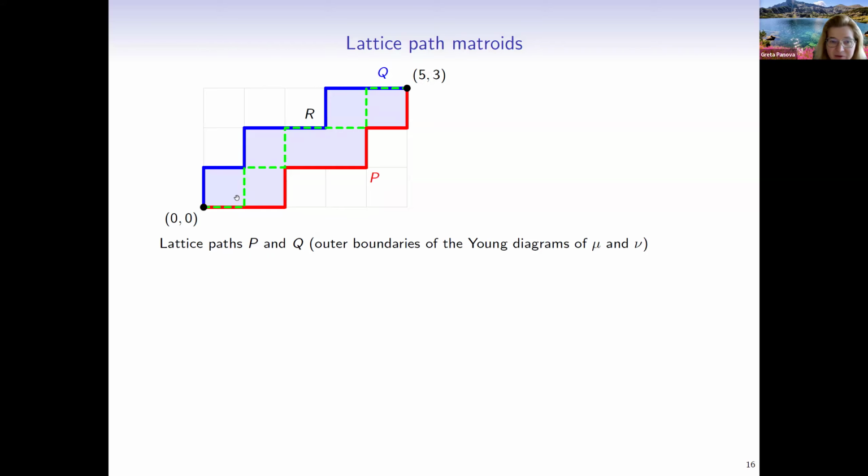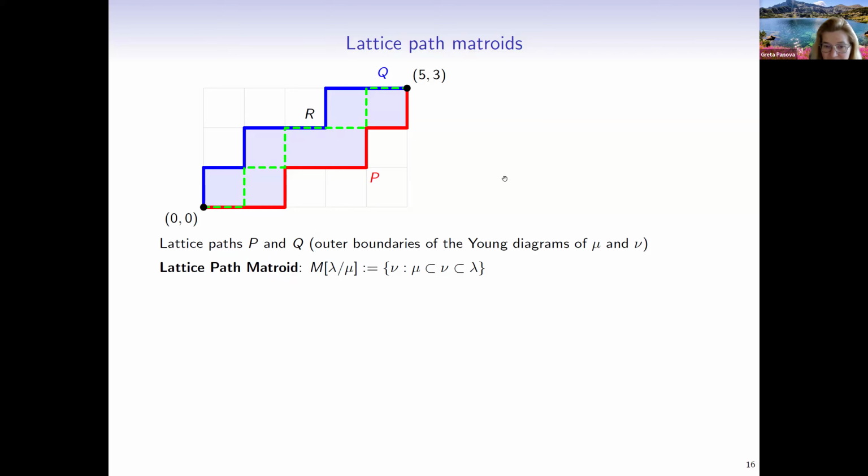Now you consider all possible lattice paths between these points, the green dotted lines, that are contained in this shape. This forms the set of bases of this lattice path matroid.